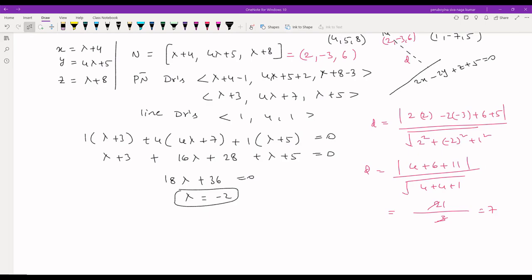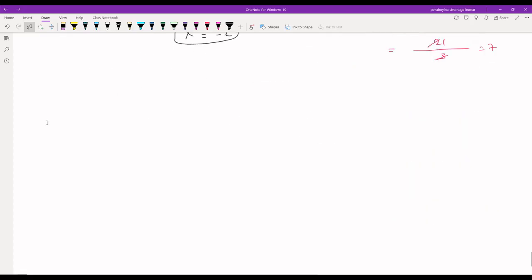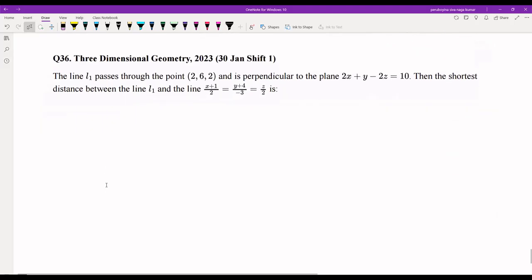Next, copy the next one, 36. The line L1 passes through the point 2, 6, 2 and is perpendicular to the plane, so that you can use DRs. Then the shortest distance between L1 and this line.